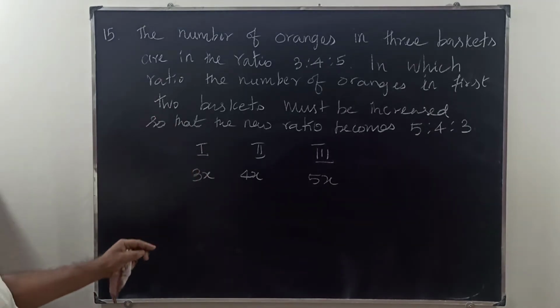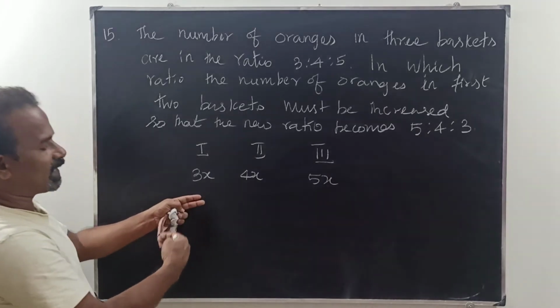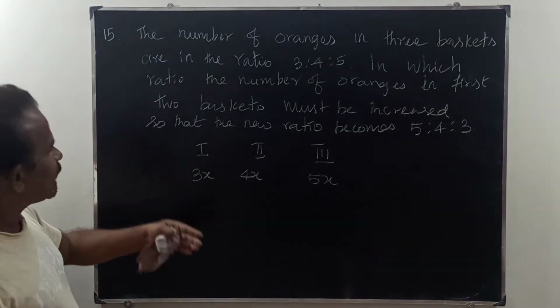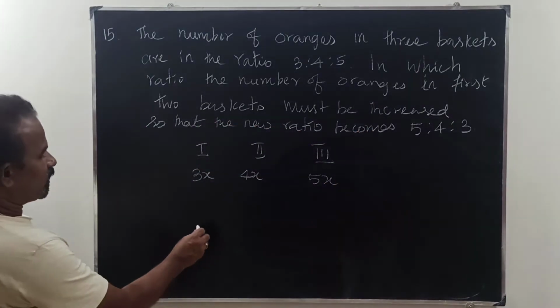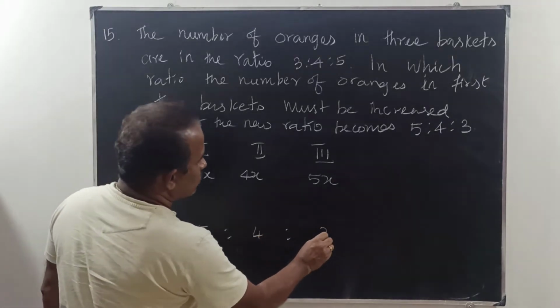In which ratio the number of oranges in the first two baskets increases? Then the increased ratio is 5:4:3.